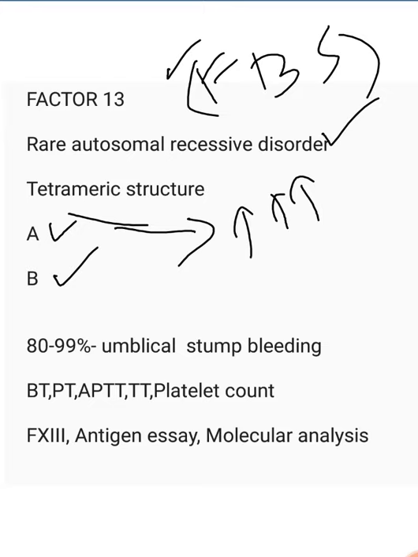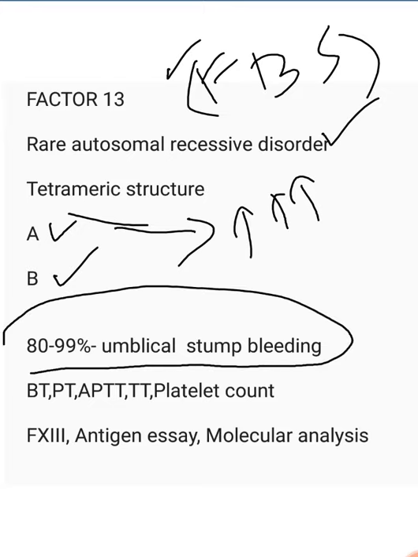If you look at the criteria, the hallmark for a diagnosis of factor 13 deficiency is ultimately going to be your investigations. Apart from that, 80 to 99% of the cases with factor 13 deficiency will have umbilical stump bleeding.